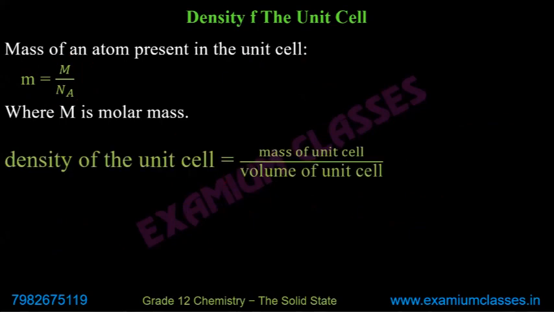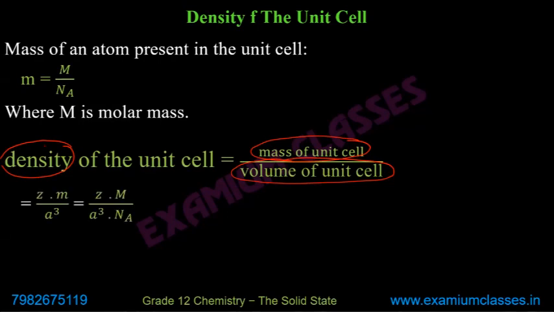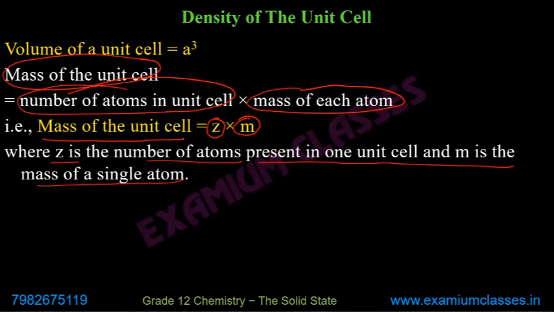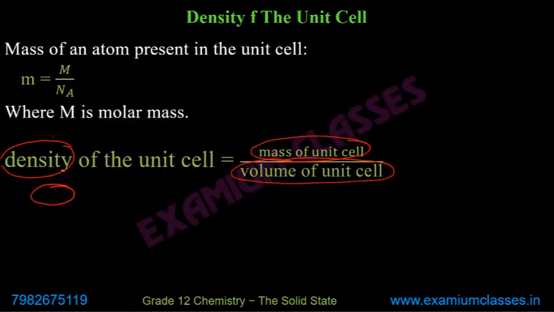Then density of the unit cell is equal to mass of the unit cell divided by volume of the unit cell. This is something you know, density is equal to mass over volume. So you are asked to calculate density. Density will be mass of the whole unit cell divided by volume of the unit cell. Mass of the whole unit cell will be Z into M, which you have calculated here. Substitute that value. And volume of the unit cell is a cube.